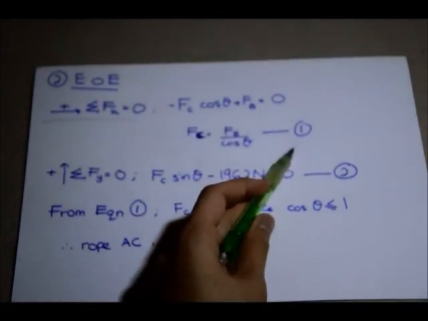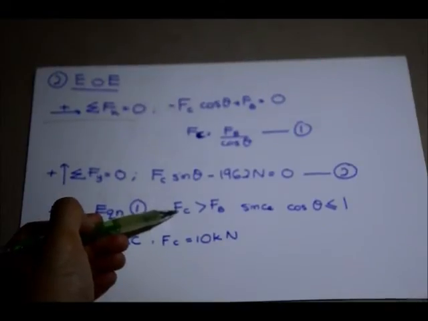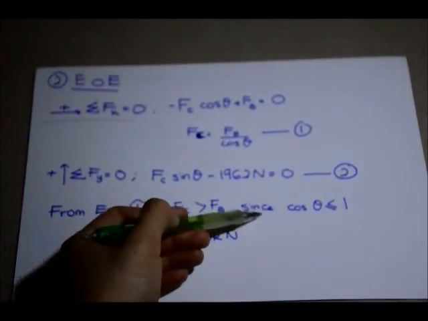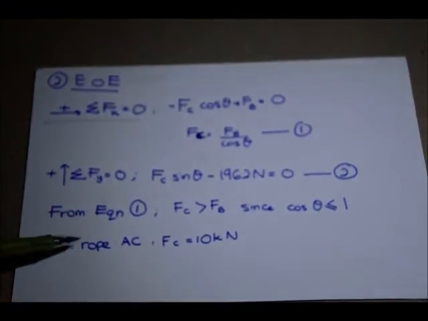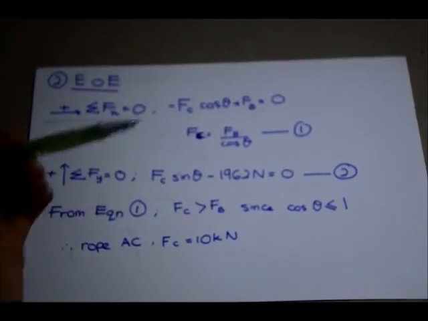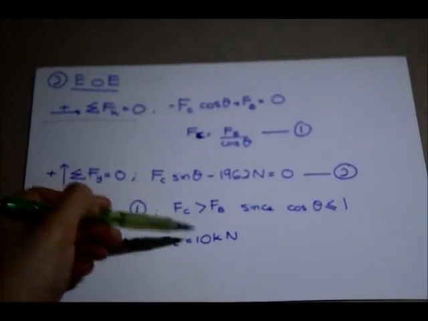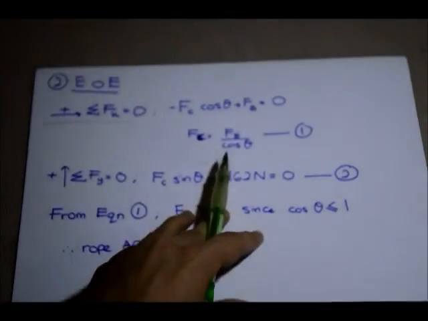From equation 1, we can see that Fc will be greater than Fb since cos theta is less than 1. Therefore, rope AC will reach the maximum tensile force of 10 kN before rope AB.